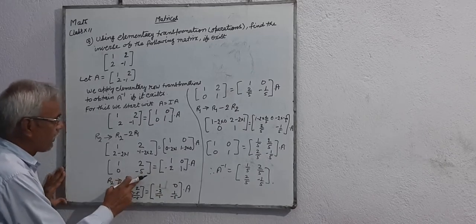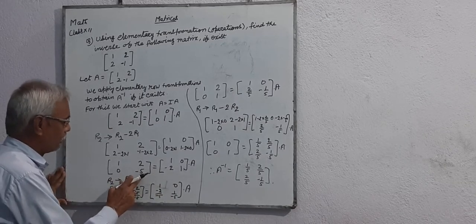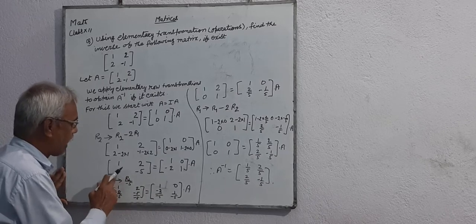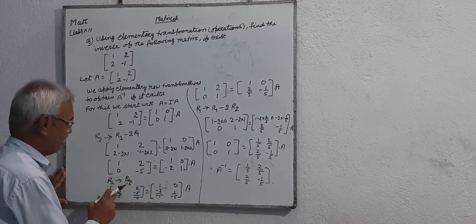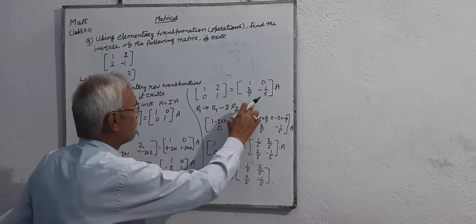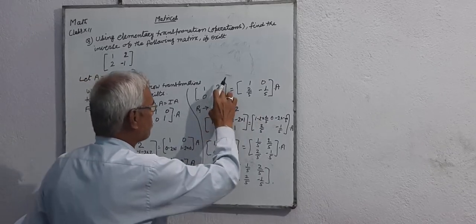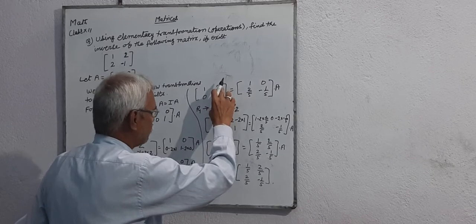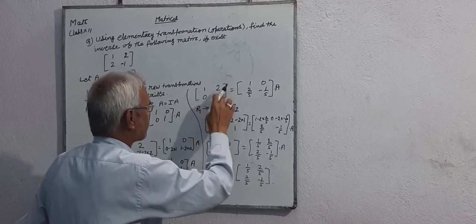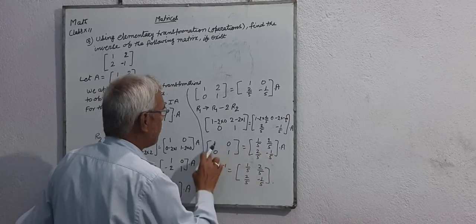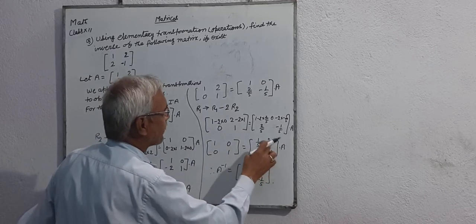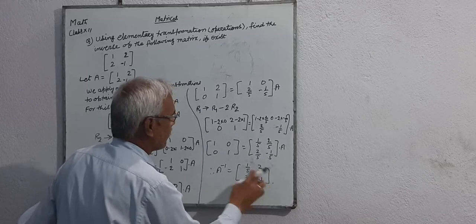Now we convert minus 5 into 1 by dividing R2 by minus 5. Then to convert into 0, apply R1 minus 2R2. We get the unit matrix on the left hand side, and the matrix on the right hand side is the inverse of A.